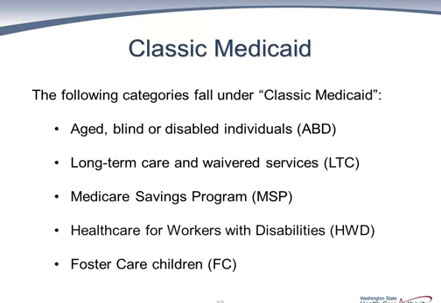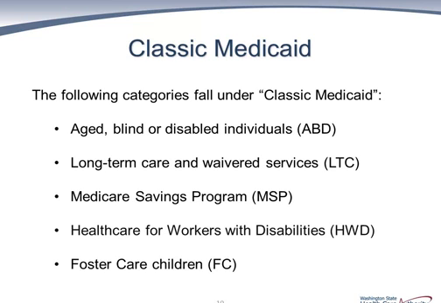As a reminder to everybody, these are the programs that we consider and have named here in Washington Classic Medicaid. When we talk about Classic Medicaid, we're talking about the Aged, Blind, and Disabled program. You may sometimes hear that referred to as SSI or SSI-related medical.